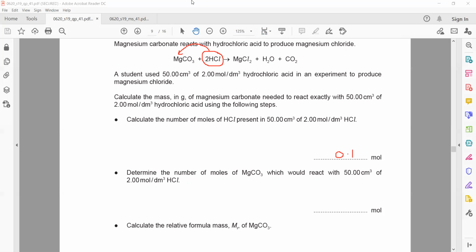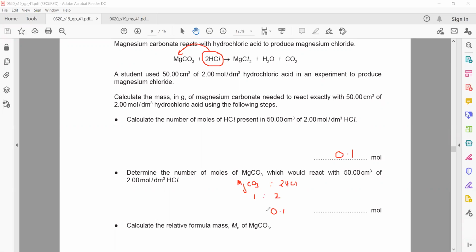So we can use the ratio here. What is the mole ratio between magnesium carbonate and hydrochloric acid? Between magnesium carbonate and hydrochloric acid, the mole ratio is 1:2. Like if there is 1 mole, it will be 2 moles of hydrochloric acid.